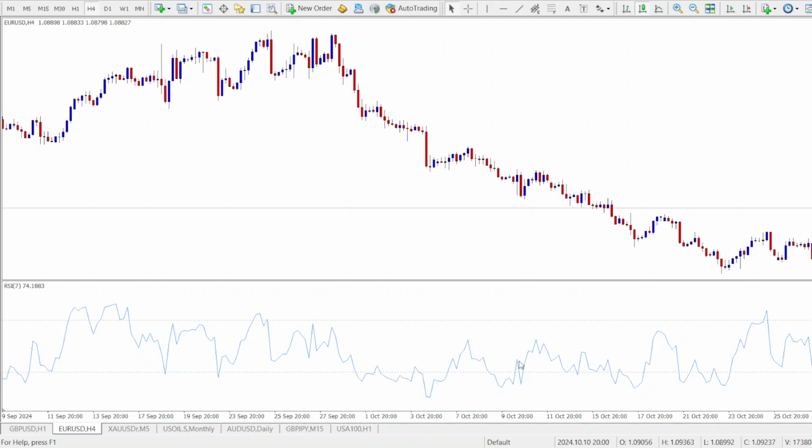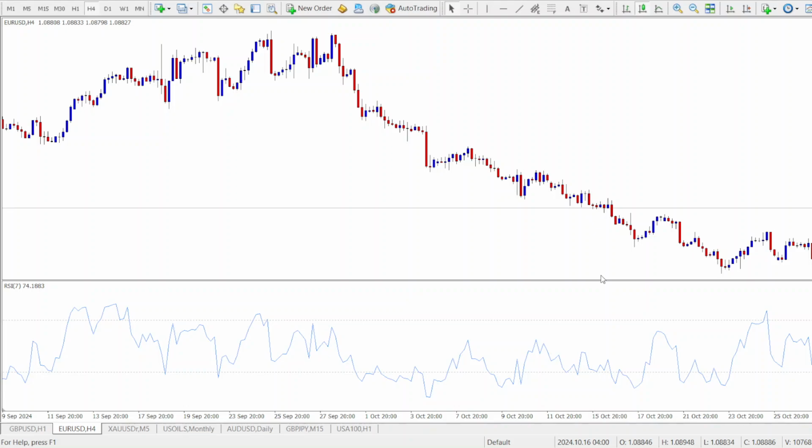Then when you enter a buy trade, you can set your stop loss below the previous swing low, below support levels. It's very important that you set your stop losses at appropriate levels so that you don't end up getting stopped out of the market, and then eventually the price of the asset begins to go in your direction. That's usually painful. So in order to avoid that, just set your stop loss at the appropriate levels.